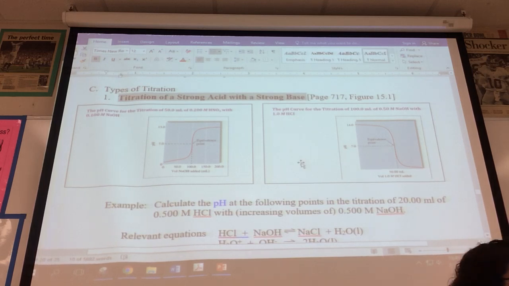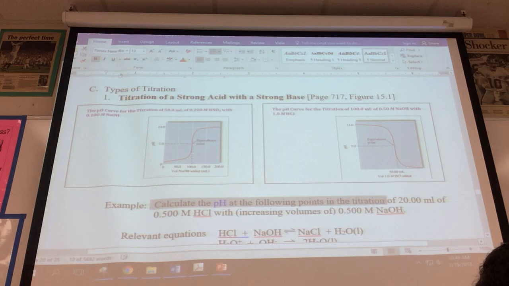What we're going to be doing in this section is determining the pH at several steps along the way.